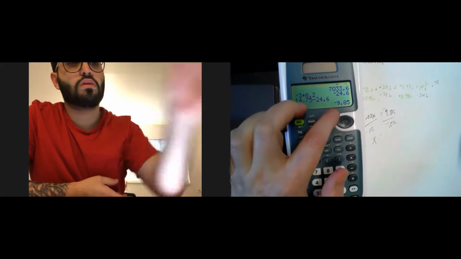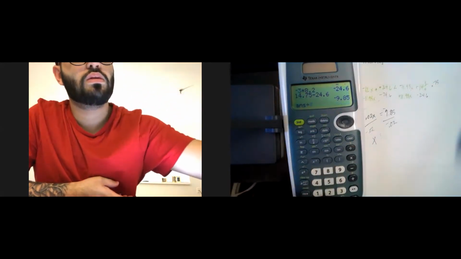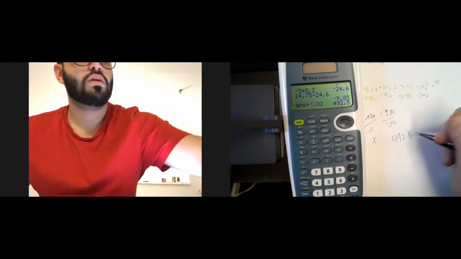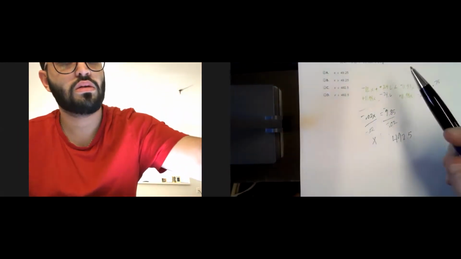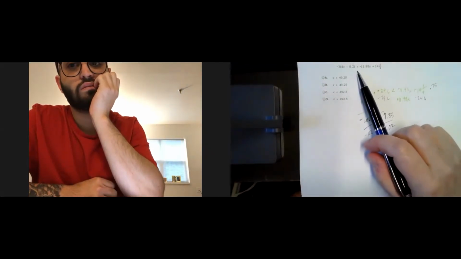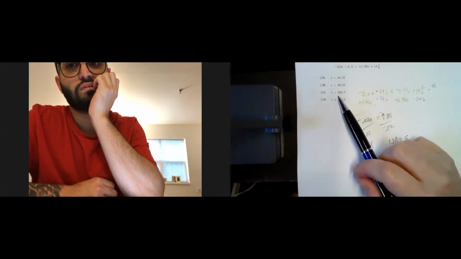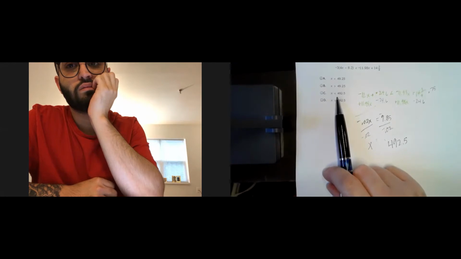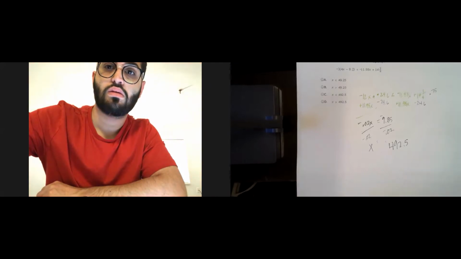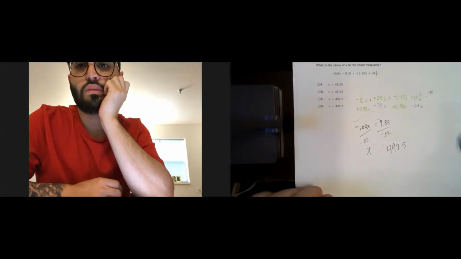And we've got negative 9.85 divided by negative 0.02 equals 492.5. And again, this inequality right here stays the same. And there it is. X is less than 492.5. Does that make sense? You're shaking your head. That one's kind of icky, huh?